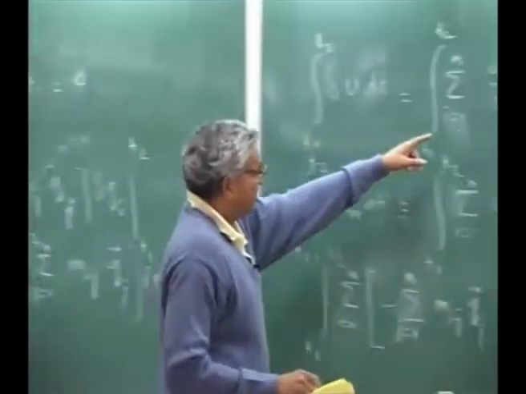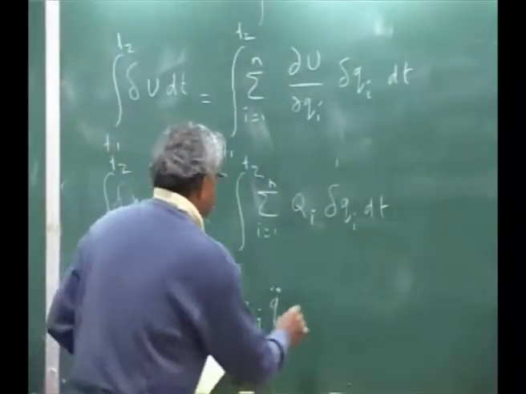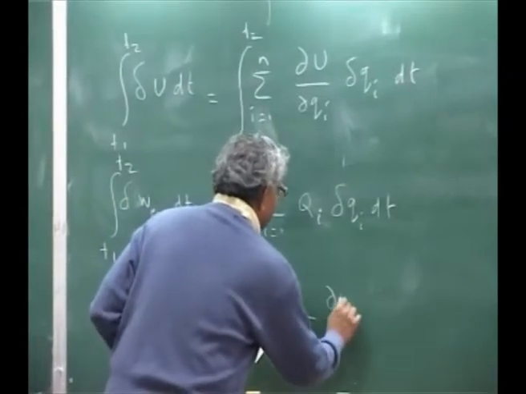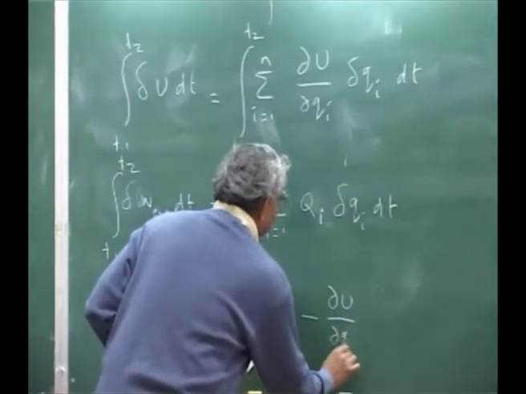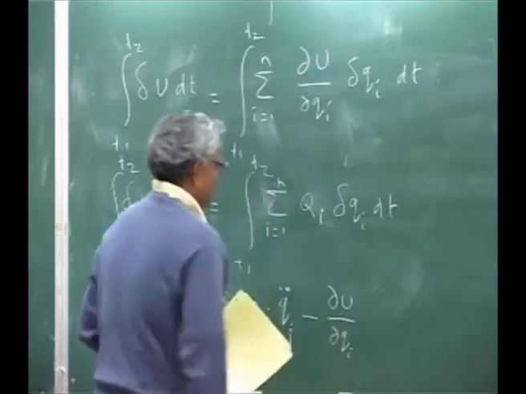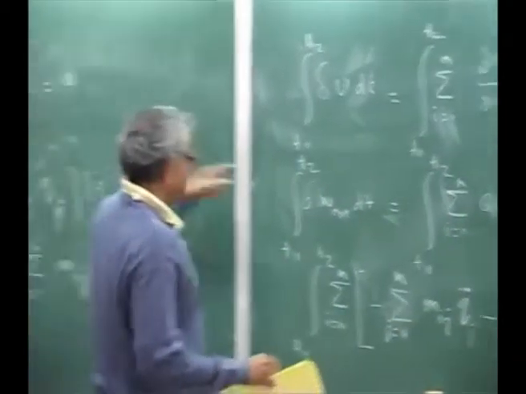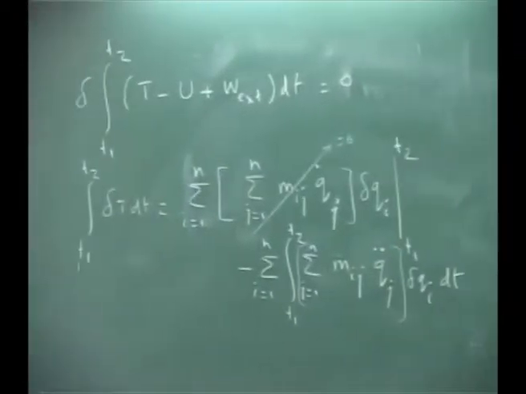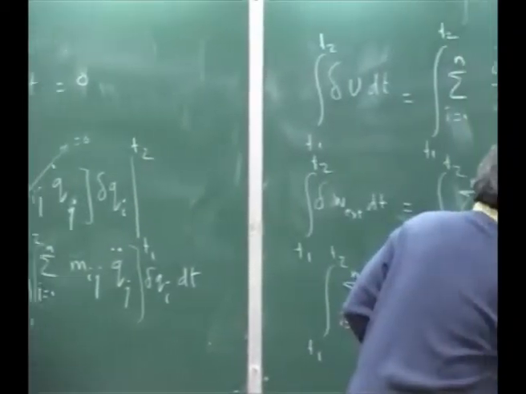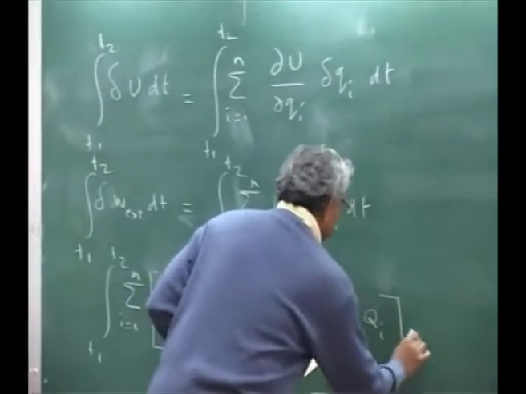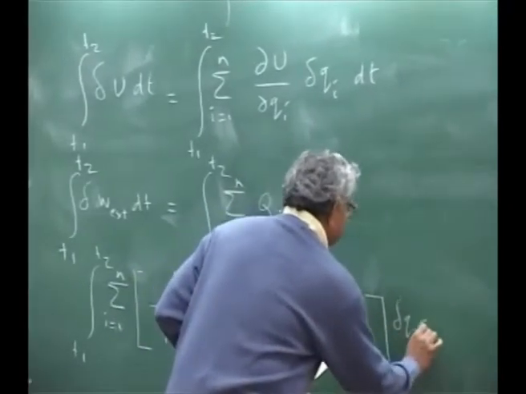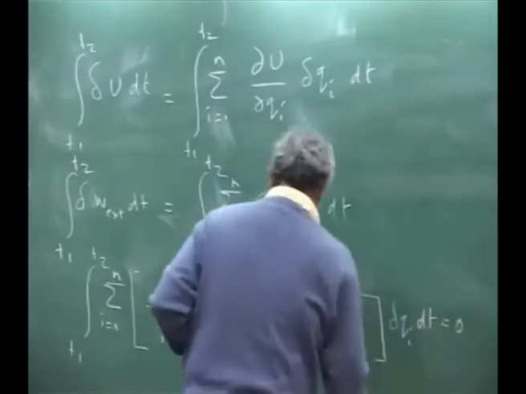Then I have to use minus this, that will be minus delta u over delta q_i. Then this is the plus, you will have plus Q_i, delta q_i dt is 0.